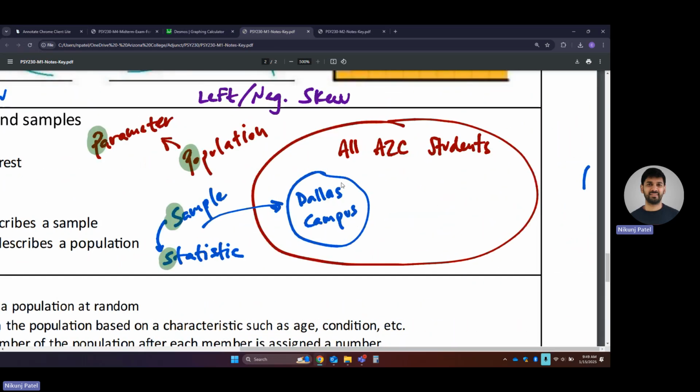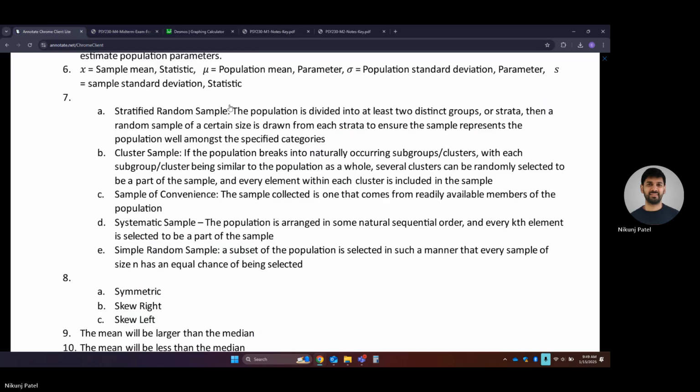That's a geographical group. Whereas you might have another group in Phoenix or another group wherever. But I did cluster sampling in this example here to pick the Dallas campus because that's the geographical cluster, how to group people into that particular group. There's other ways to cluster sample as well, but that's just the one obvious one.